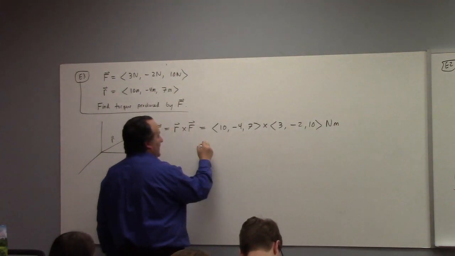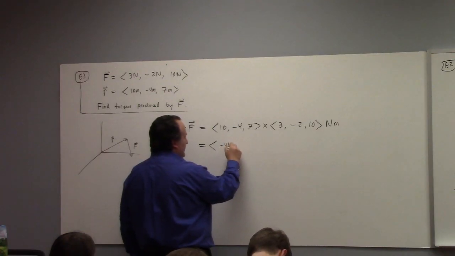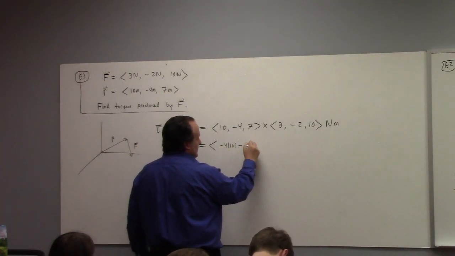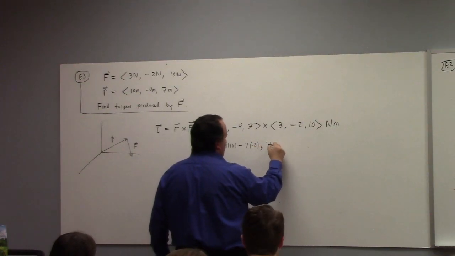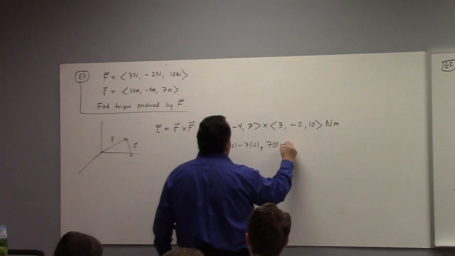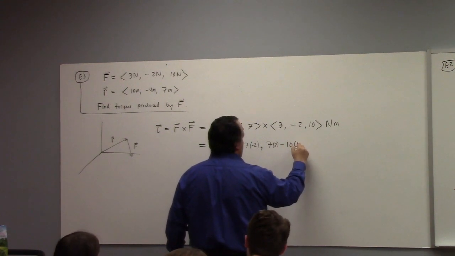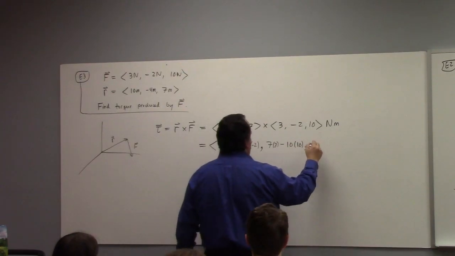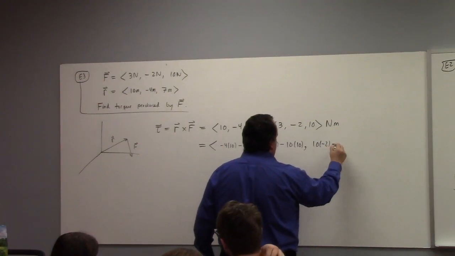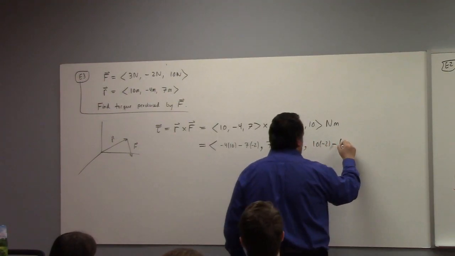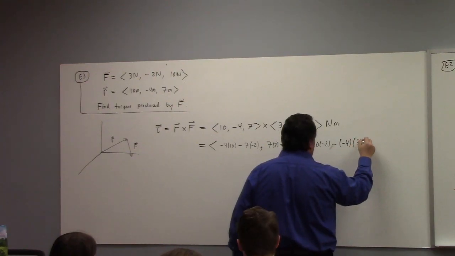That is minus 4 times 10 minus 7 times minus 2, comma, 7 times 3 minus 10 times 10, and then 10 times minus 2 minus minus 4 times 3.